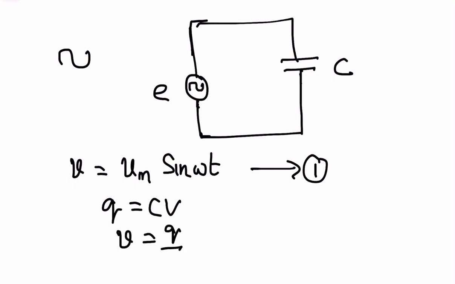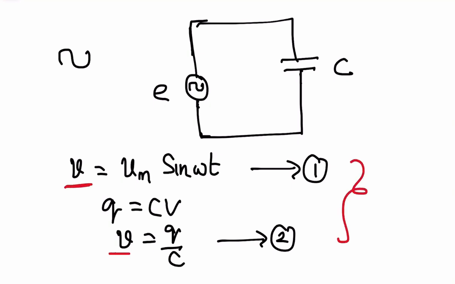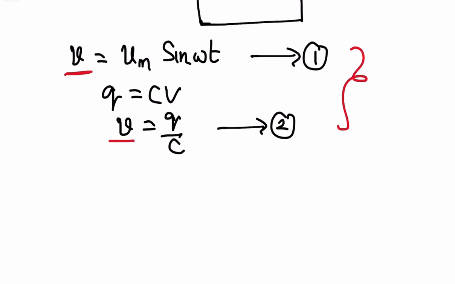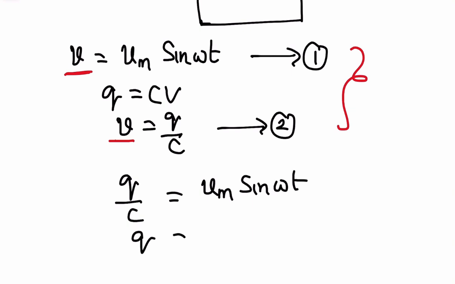Let us equate both these equations because both of them represent voltage, the left hand side of the equation represents V and V. As you equate both of them, you will get Q by C is equal to Vm sine omega t, or Q is equal to C Vm sine omega t. So this is the next equation we got.